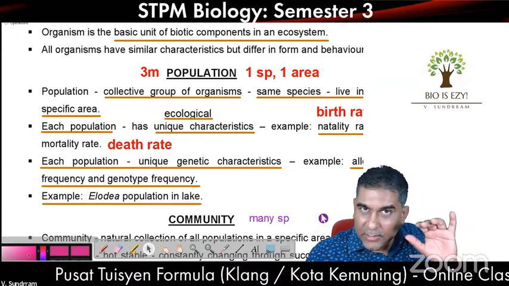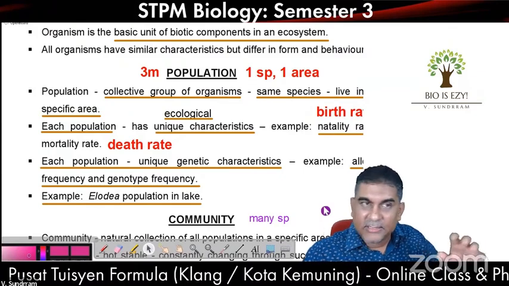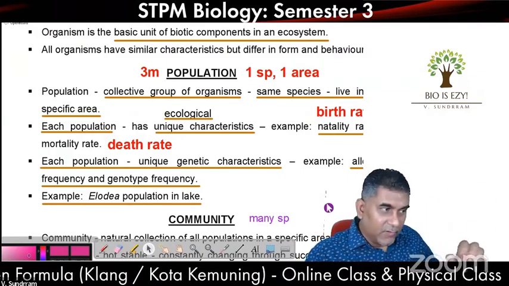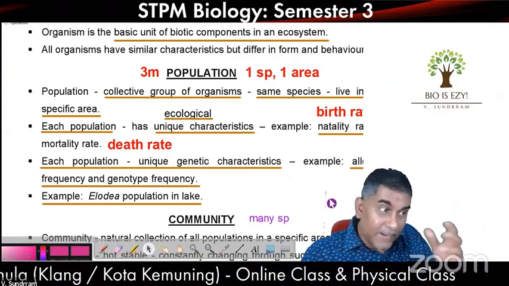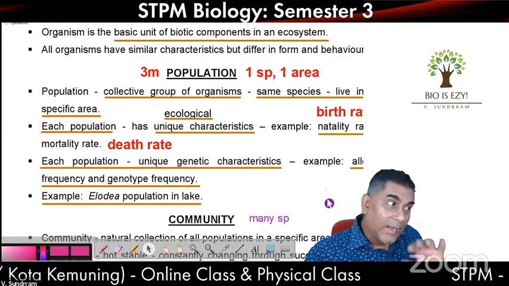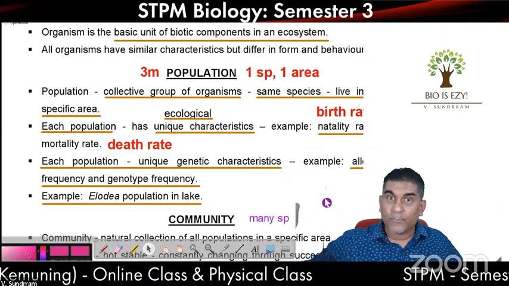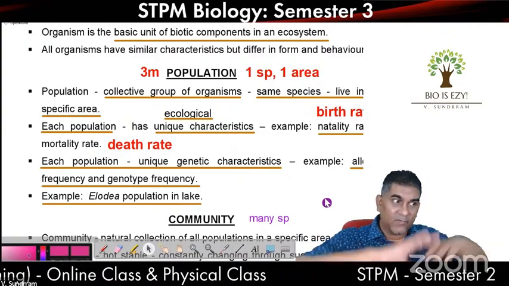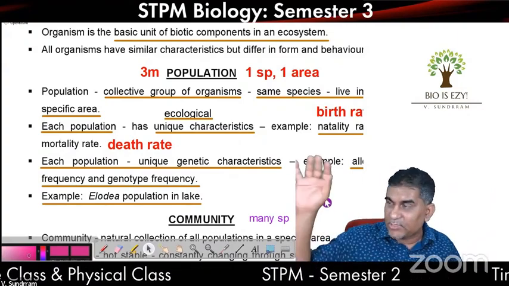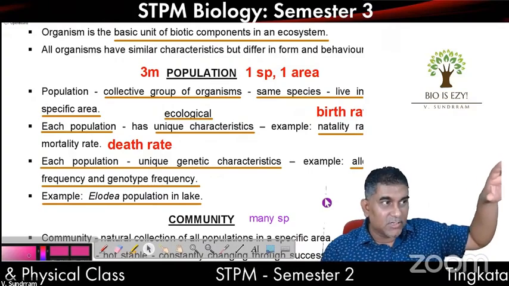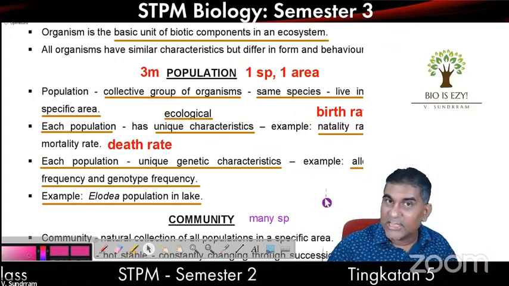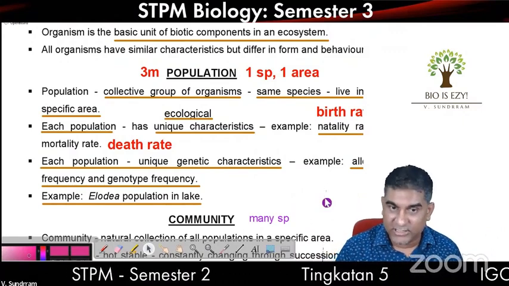The first definition in the ecological hierarchy is species. Definition I gave you: if you have one species, many organisms in the same area, that is a population. Now, one area may have many populations. Like if you see National Geographic in the savannah, population of lion, population of zebra, population of hyena. Many populations living in the same area becomes a community.